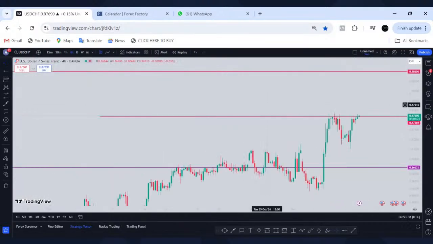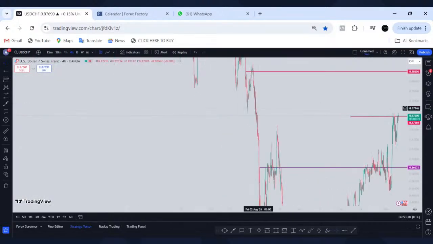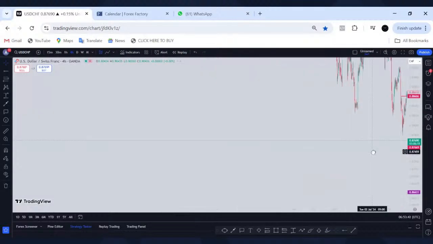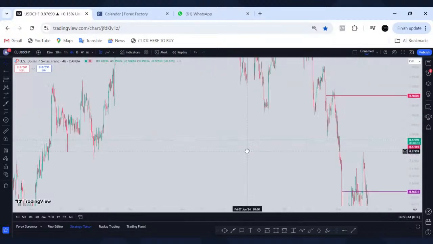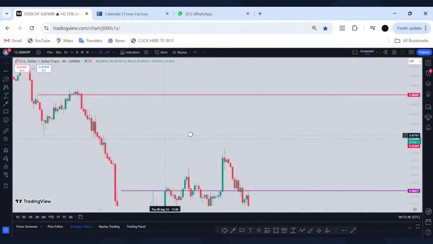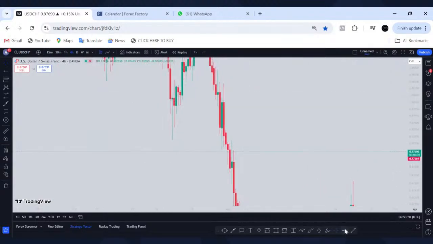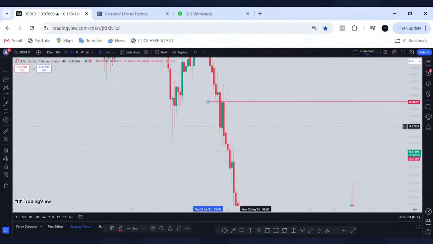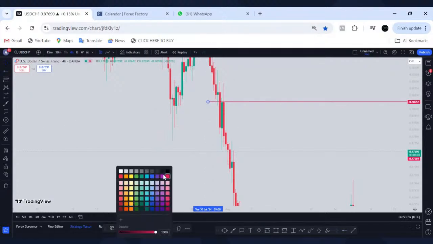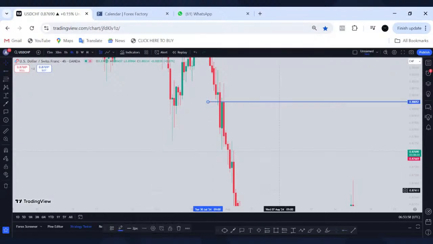Moving to the H4 time frame, if you look left, we have another resistance over here, and another support.